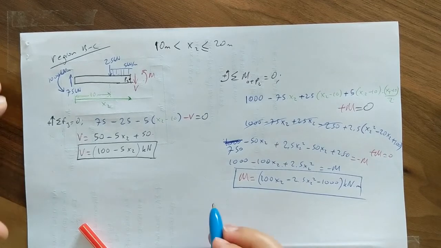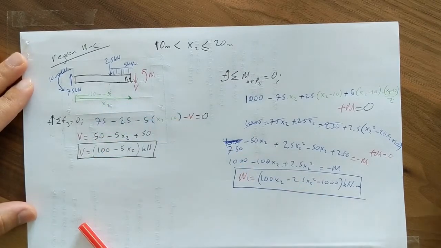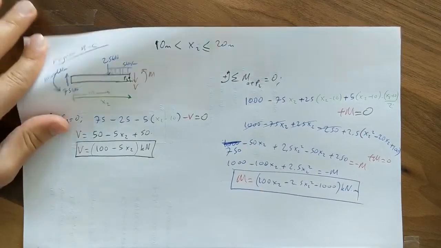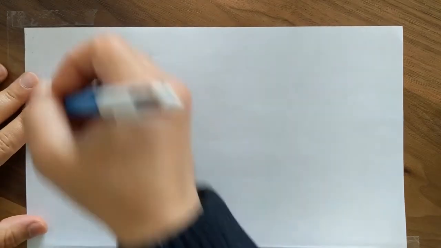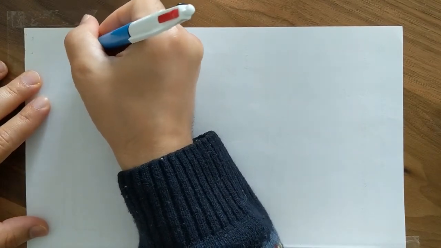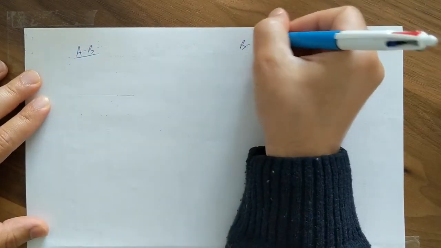Now we have got all the equations we need in order to create the shear moment diagrams of this beam. So what were they? Where is the paper? Here. So we had two regions, region AB and BC.